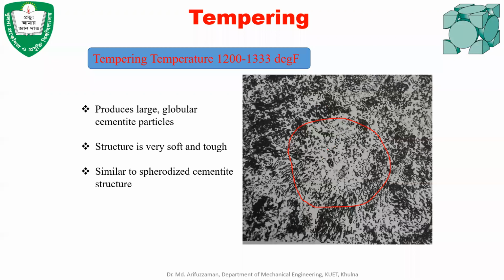Spheroidized annealing, you can obtain this structure, but also using tempering you can obtain this structure. In this case, the cementite particles become spherical, and the structure is very soft and tough. That means a huge amount of energy absorption is possible in this case, similar to the spheroidized cementite structure. That means spheroidized annealing also shows a similar structure. Okay.